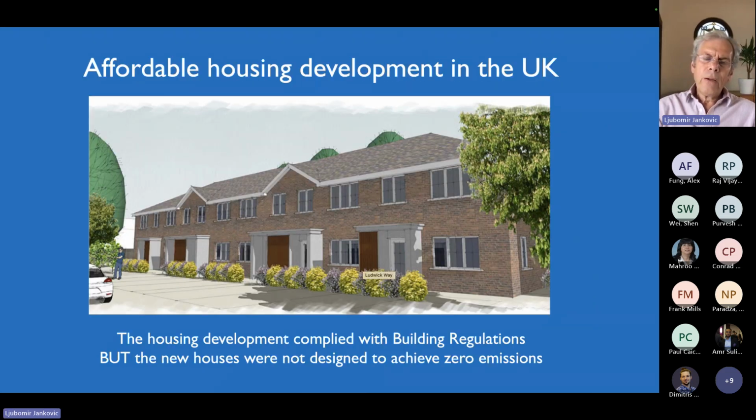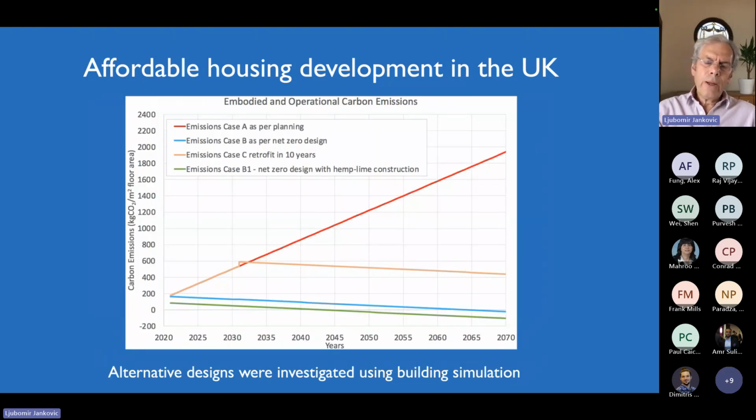Well, my colleagues and I conducted research into an affordable housing development in the UK, and that housing development complied with building regulations, but the new houses were not designed to achieve zero emissions. We conducted simulation analysis on these houses, and you can see on the vertical axis we have carbon emissions in kilograms of CO2 per square meter of floor area, and the starting point here are embodied emissions.